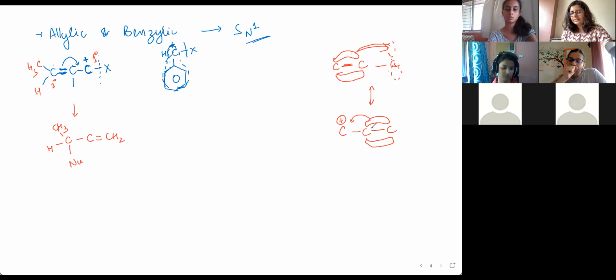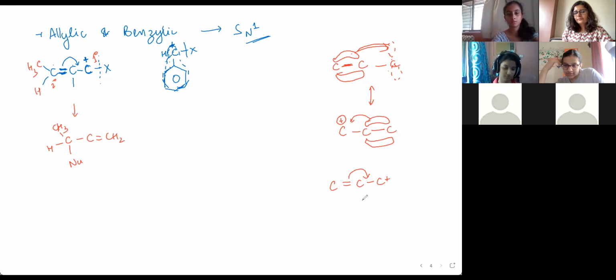So that's what delocalization is, and that's the resonance that takes place in an allylic carbocation. That's why they are Sn1, because the carbocation is stable, right?